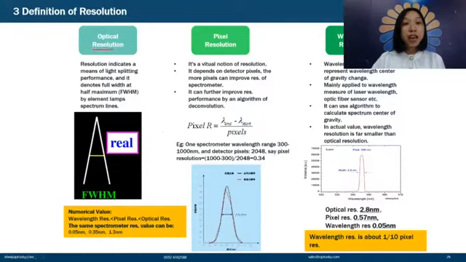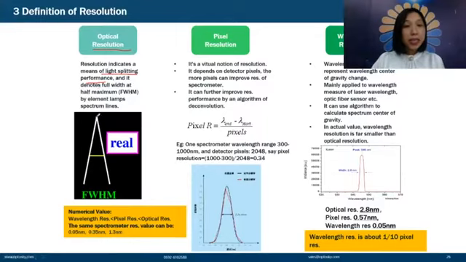Firstly is the optical resolution. Optical resolution is the most used because it indicates the light spreading capacity.